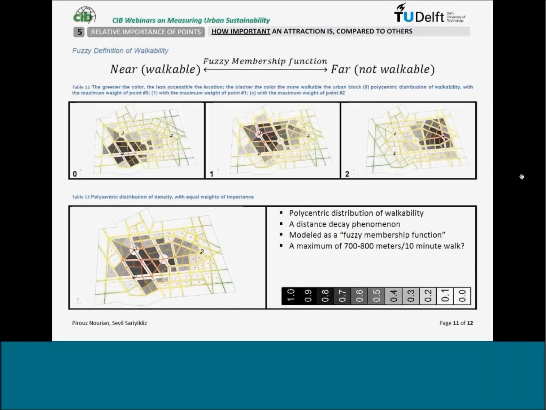Having calculated all these aggregated measures of distance so far, we get to the point that we need to interpret numbers not just into colors, but also into verbal concepts such as near or far. It is especially important because these concepts are rooted in our typical human capabilities and preferences.